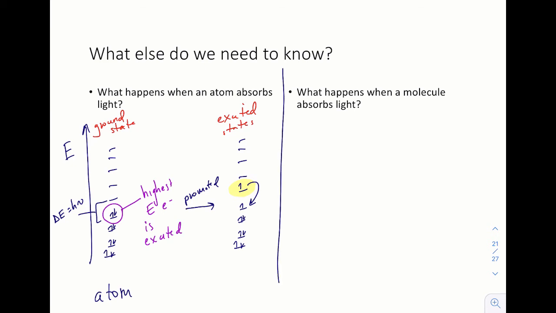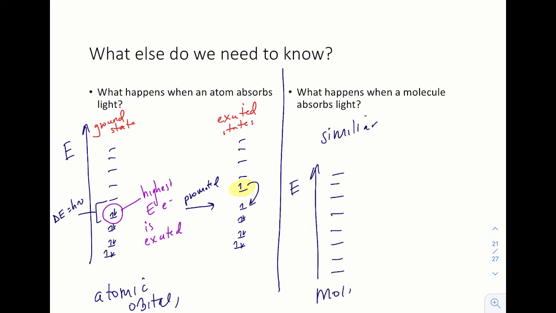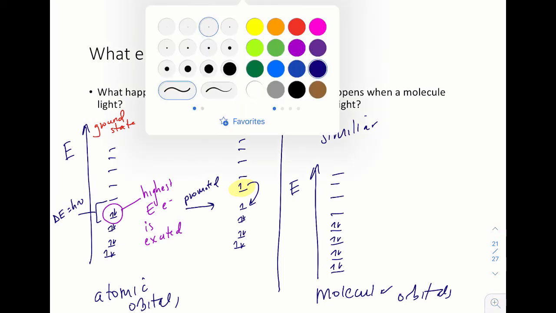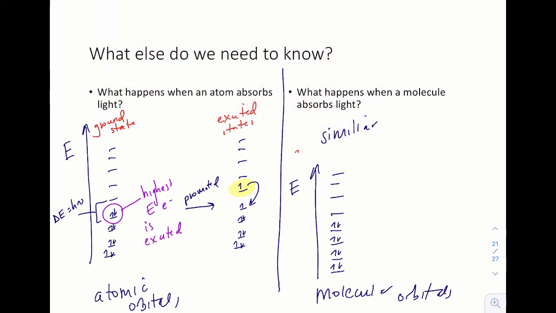Now, what happens, do you think, when a molecule absorbs light? Yes, something similar. Instead of atomic orbitals, the molecule has molecular orbitals. Those lowest energy molecular orbitals are populated with electrons in the ground state. The molecule has a ground state as well.